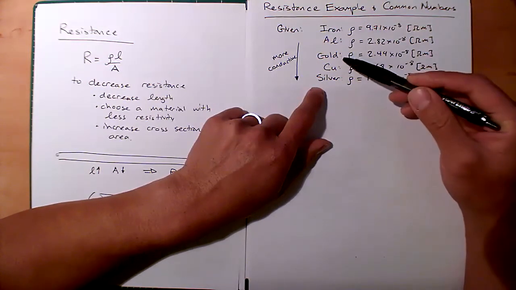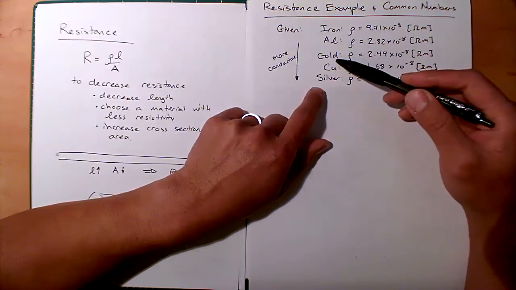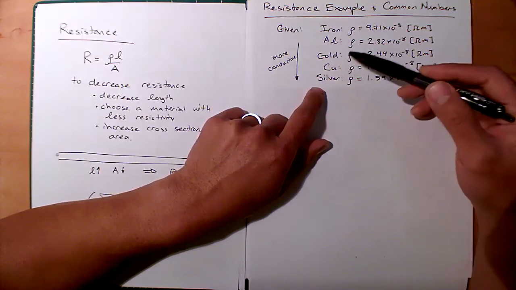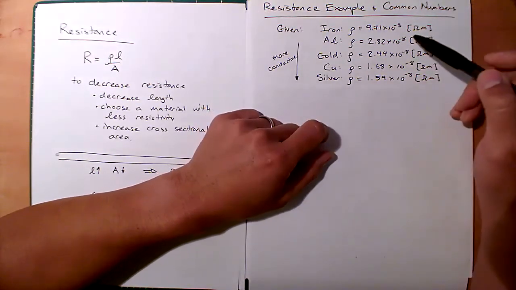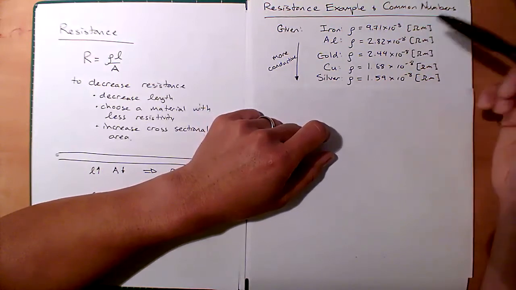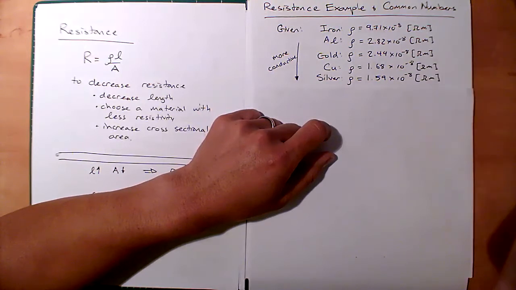Same with gold. You wouldn't build your power transmission system out of gold. It's just so expensive. So there are a lot of factors that come into play as an engineer, not just the pure performance, when you might say, I want to pick silver or gold over iron or aluminum, something like that.